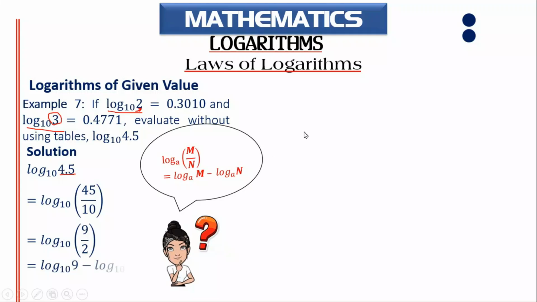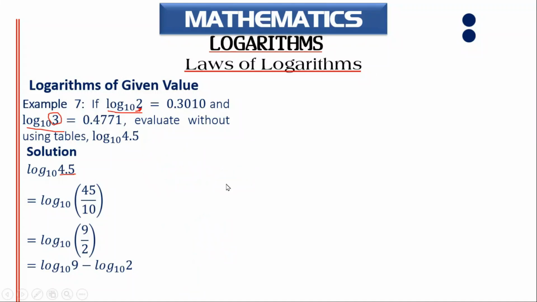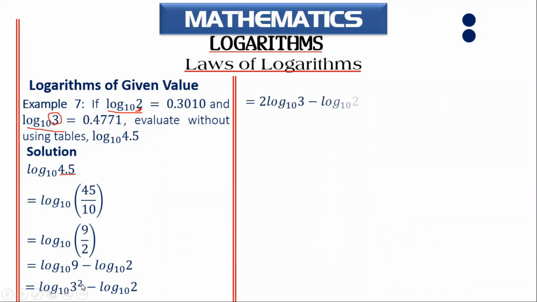Then after that, apply the division law. So splitting it further, that means you have log 9 to base 10 minus log 2 to base 10. From there you can then go ahead, of course, log 9 to base 10 written as log 3 squared to base 10. If you solve it further, that will give you 2 log 3 to base 10 minus log 2 to base 10.